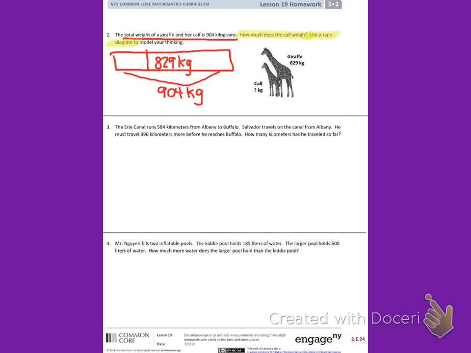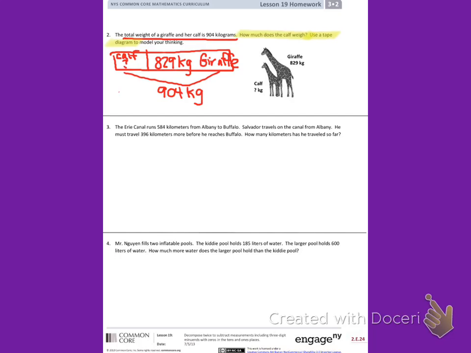I'll put giraffe here. Then the only amount that's left is the amount for the calf. And that's the part we don't know, so I'll put a question mark there.